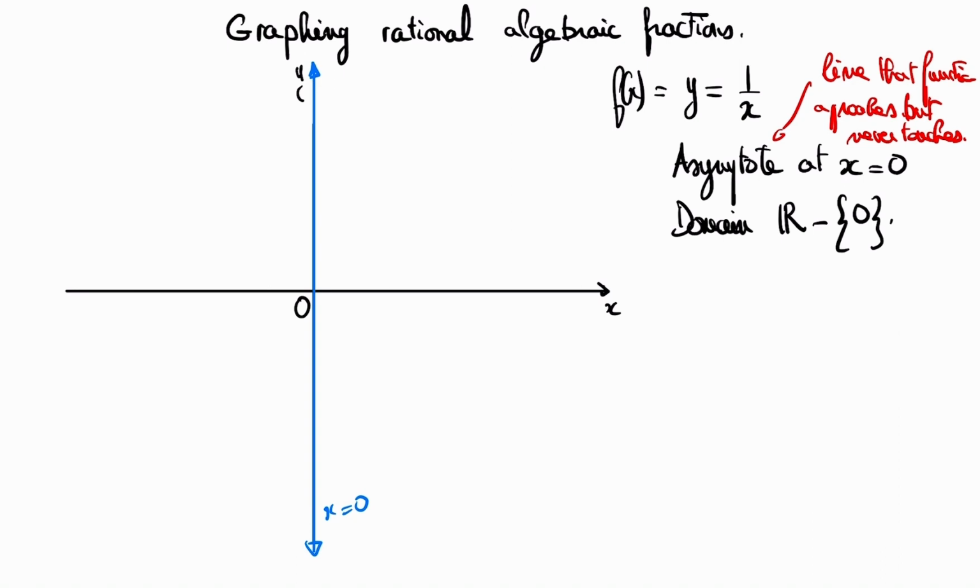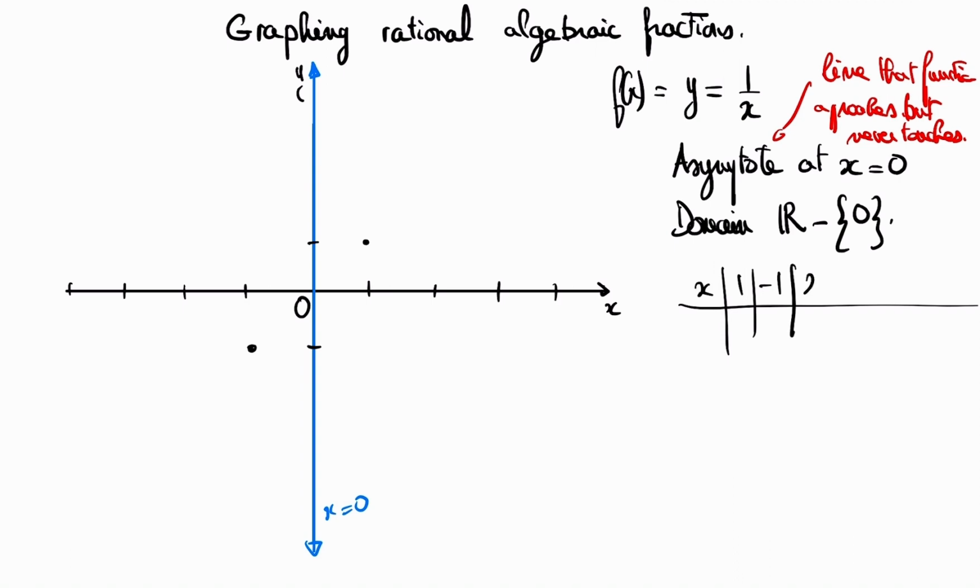Okay. Let's pick a few points. So at x equal 1, that's equal to 1. So therefore, we're just going to have this point. At x equal minus 1, that's equal to minus 1. So, yep, that's this point.